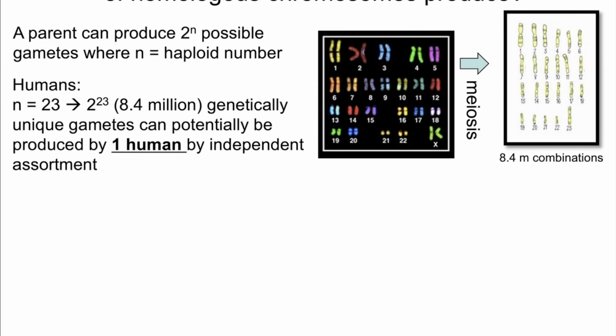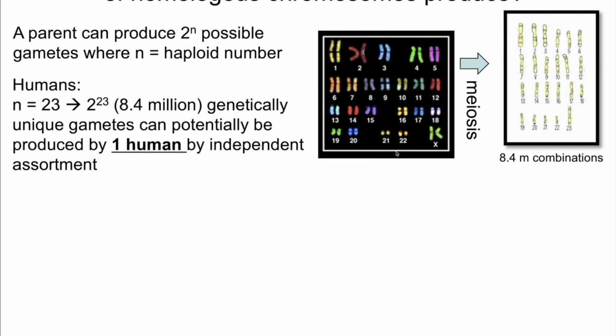So that means there are 2 to the 23rd, or 8.4 million, different genetically unique types of gametes that can potentially be produced by one human just by this independent assortment of the chromosomes during meiosis.